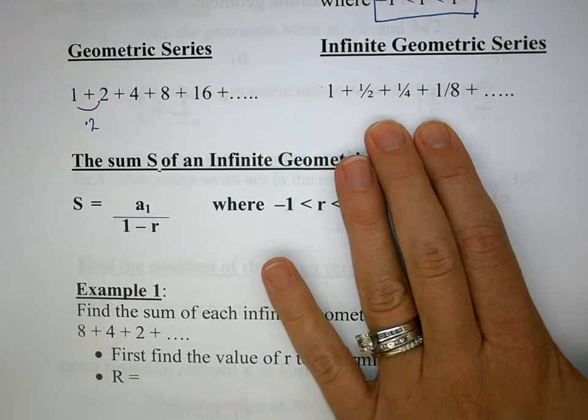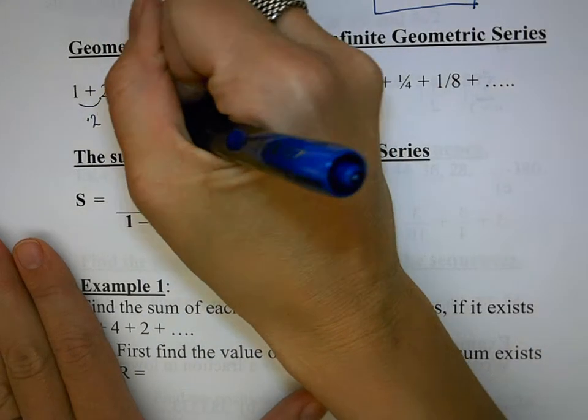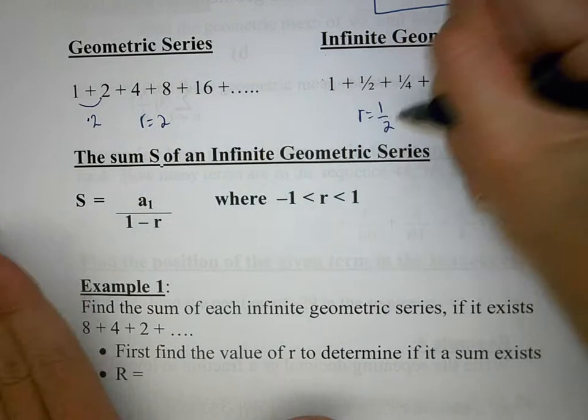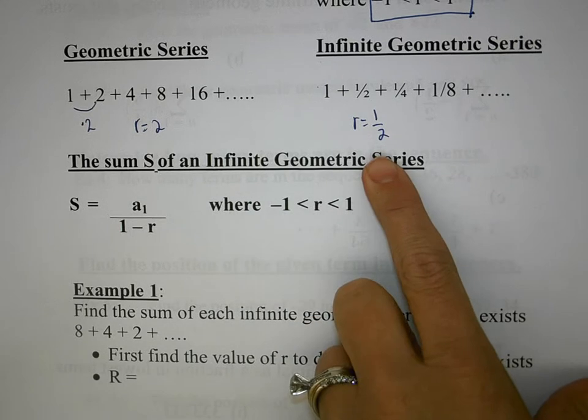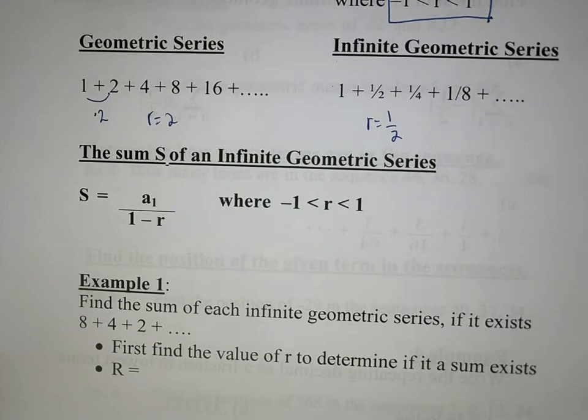But in this one, what's the ratio? Good, the ratio is 1/2. So this one's going to keep getting smaller and smaller. And so on this one, we are able to find the answer, because it's going to approach an answer.